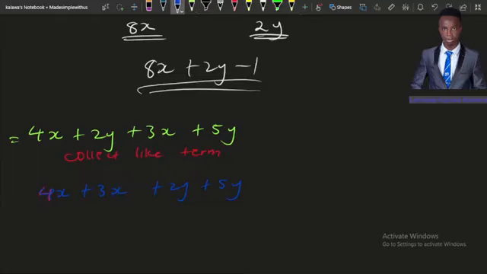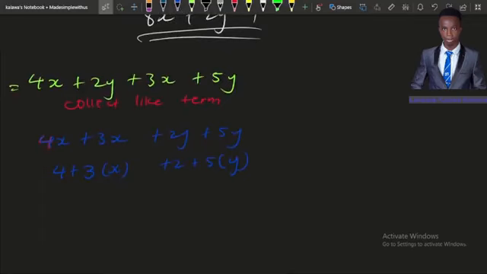For this first set, we have 4 plus 3, and what are they sharing? X. And this other one, we also have plus 2 plus 5, and what are they sharing? Y. So the answer now could be 4 plus 3, this is 7x, and plus 2 plus 5, this is what? Plus 7y. So this is the simplest expression we can go to.